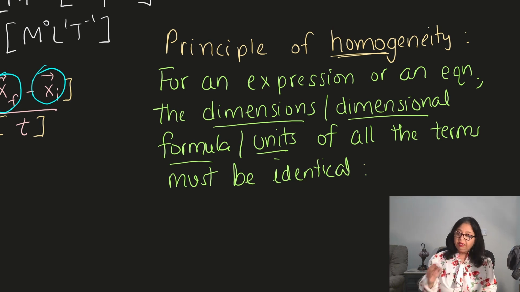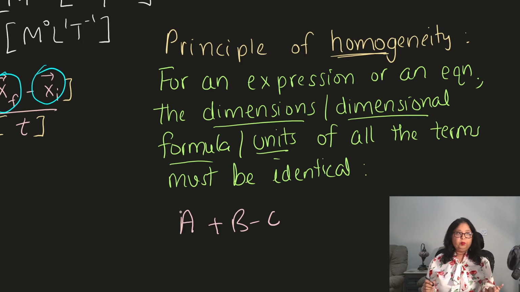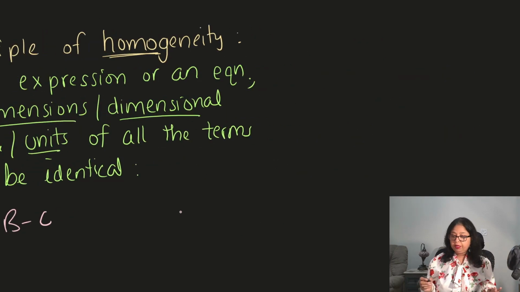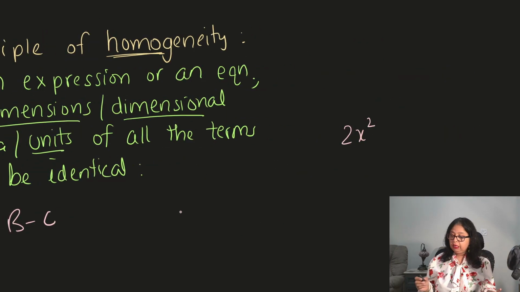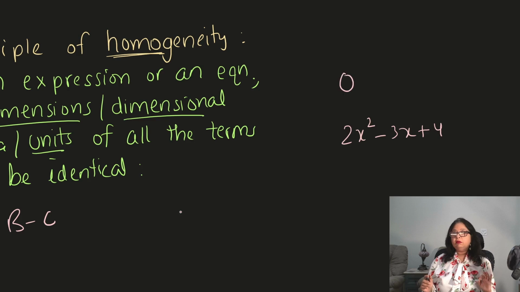It means that for an expression, what's an expression? An expression will not have an equal sign. For example, if I write A plus B minus C, that's all. It could be, for instance, 2x squared minus 3x plus 4. You know that this is a quadratic expression.